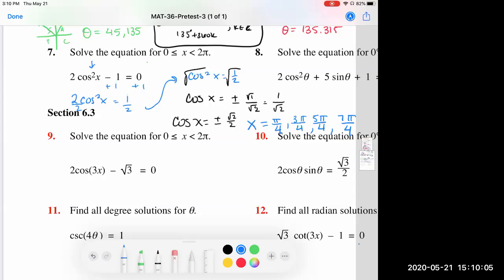Now, one thing we have to check, so I'll highlight it because yes, these are answers. That's when cosine is square root 2 over 2. But because we took the square root of both sides, whenever we take the square root of both sides or we square, we have to check our work.